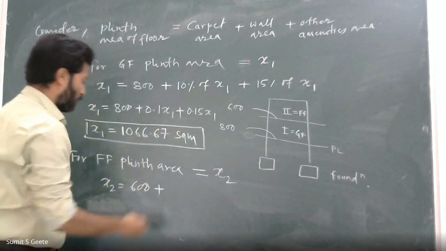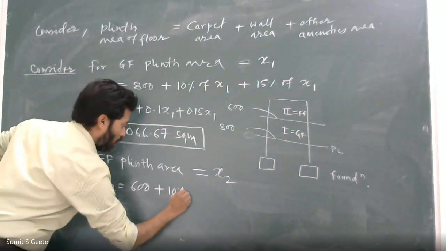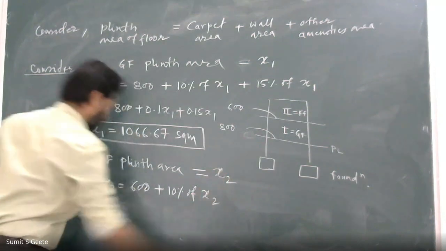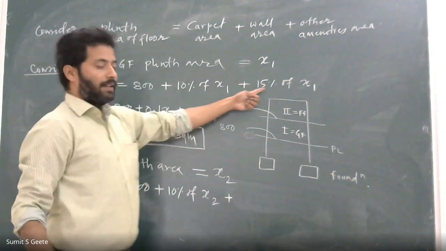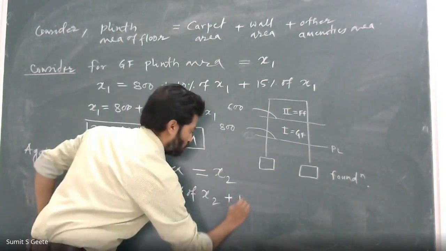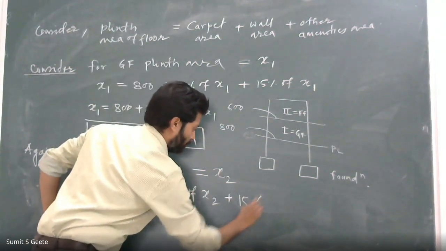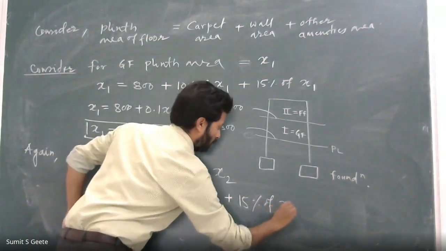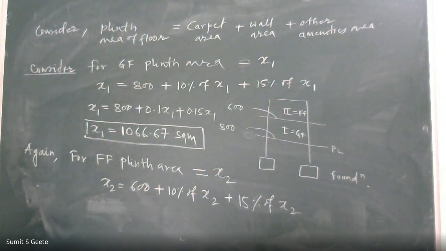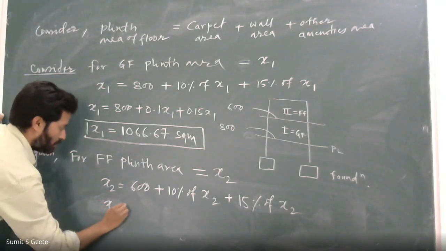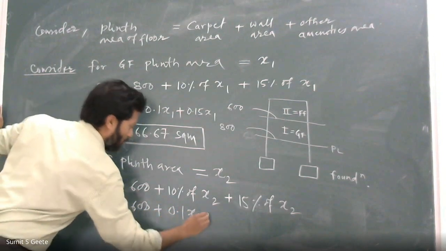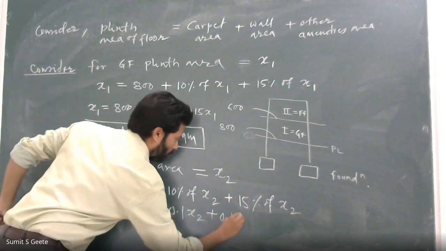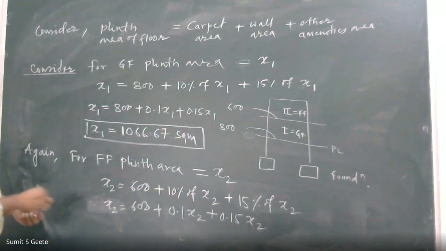So 10% of x2, plus other amenities area again 15%, so 15% of again x2. So therefore, if I rewrite this equation, this is 600 plus 0.1 times x2 plus 0.15 times x2.